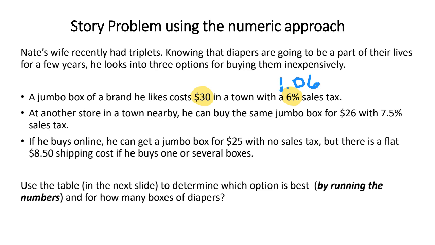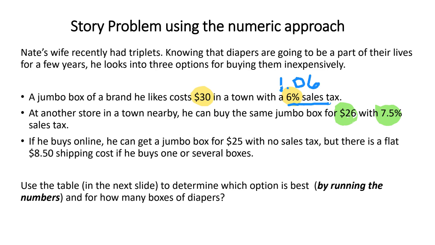We also have another store in town nearby. In a town nearby, he can buy the same jumbo box, but notice my options this time. He is going to spend $26 with a 7.5% sales tax.